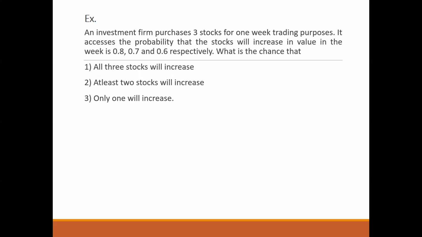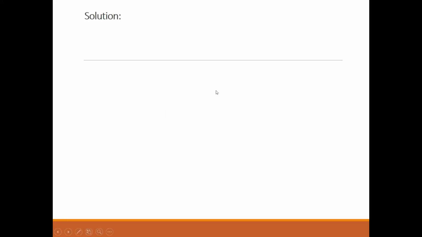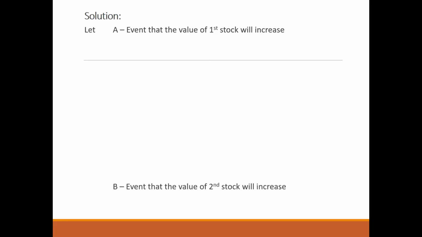It is 0.336. And as I told you, because these are 3 independent events, and we are looking at the probability that all 3 are going to increase, let us see the solution for the first one. Okay, so I have taken A as the event that the value of the first stock increases.